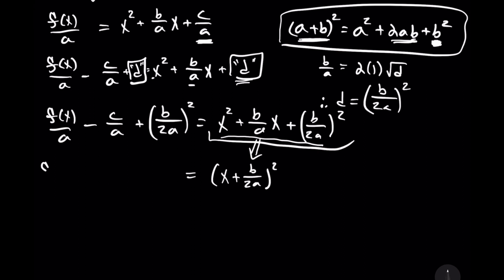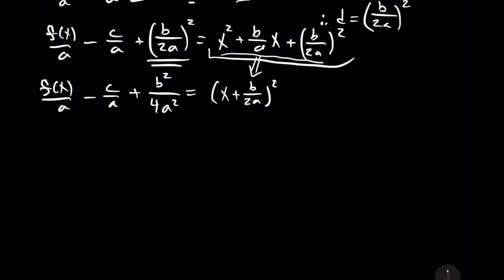And then we have this left-hand side, f of x over a minus c over a. Let's just square that. So that's plus b squared over 4a squared. Let's just add these. So we have f of x over a. We don't have common denominators, so we have c over a.